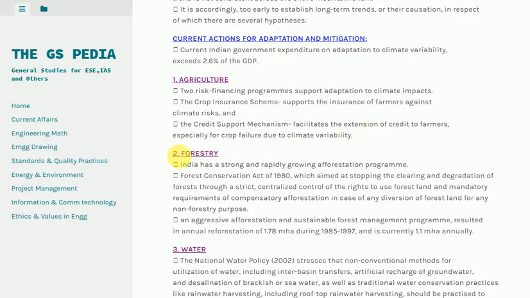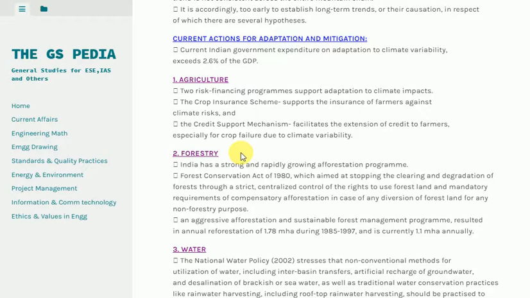2. Forestry. India has a strong and rapidly growing afforestation program. The Forest Conservation Act of 1980 aimed at stopping the clearing and degradation of forests through strict, centralized control of the rights to use forest land, and mandatory requirements of compensatory afforestation in case of any diversion of forest land for any non-forestry purpose.